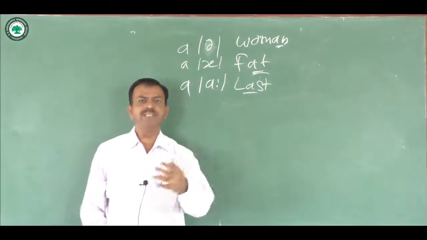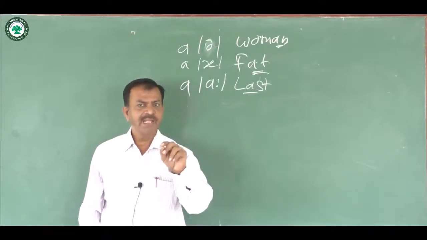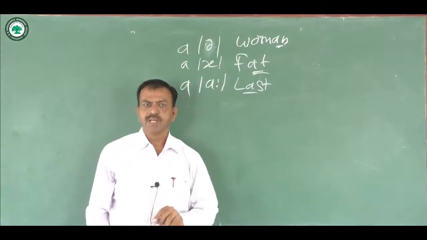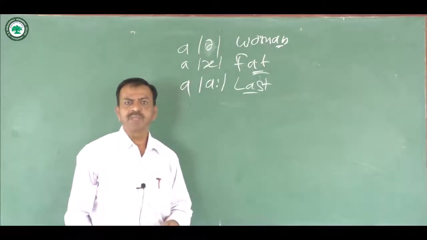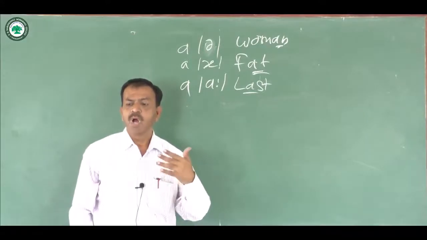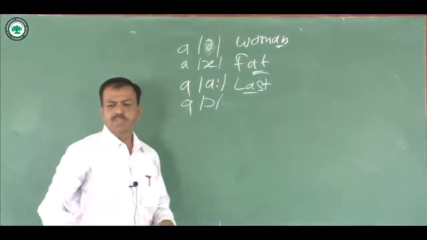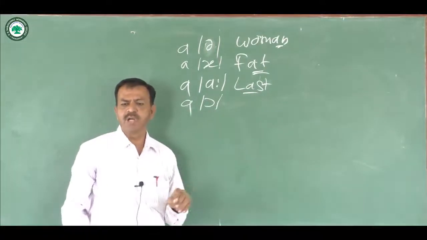In all of these examples, letter A is pronounced the same. Now, the same letter is sometimes pronounced as another sound. So, this is an example. Again, this is the IPA symbol.